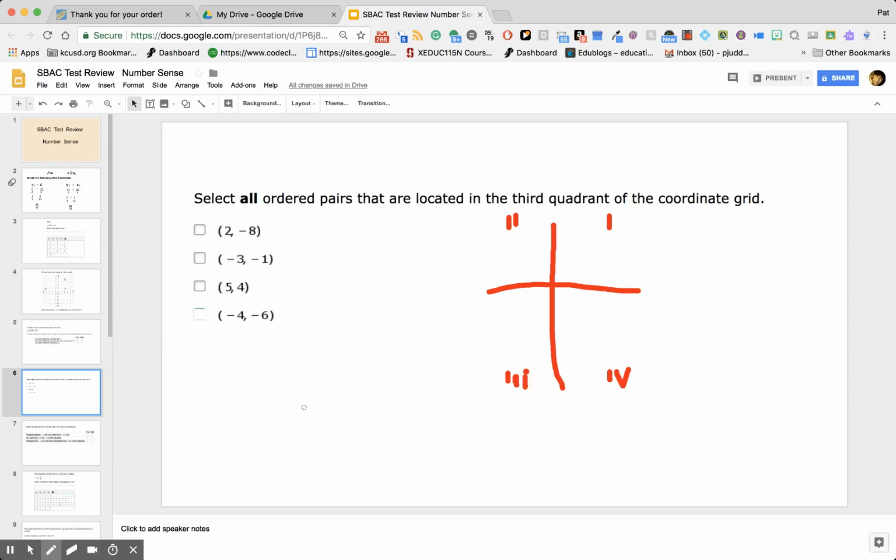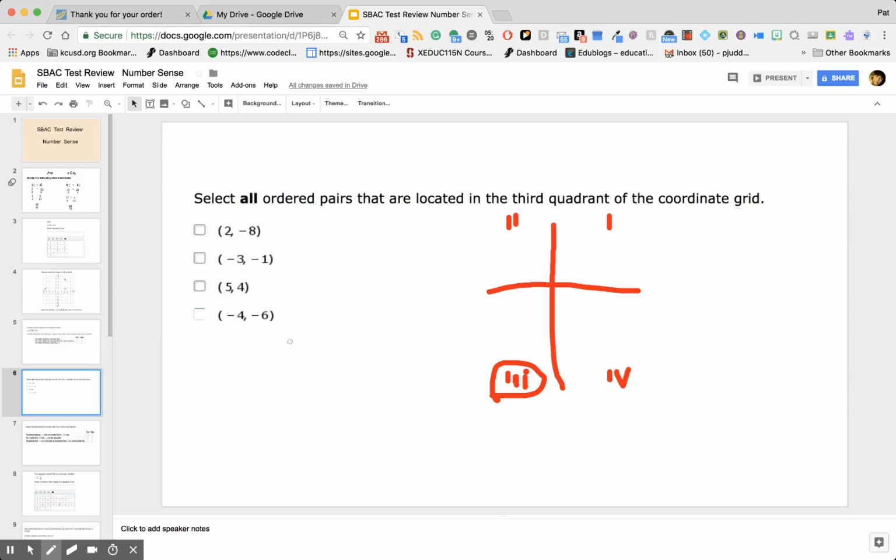So check all the ordered pairs that are located in the third quadrant of the coordinate grid. One of the things you should be talking with your partner about is what are the values of the points in quadrant 1, 2, 3, and 4, and then compare that to the items that you have here.